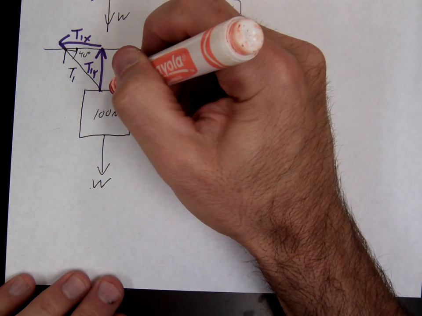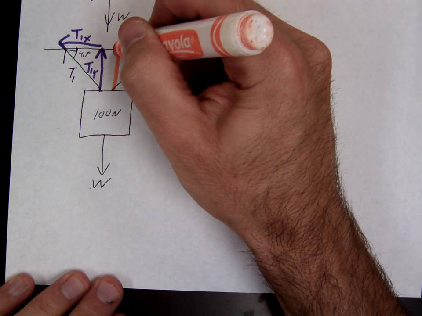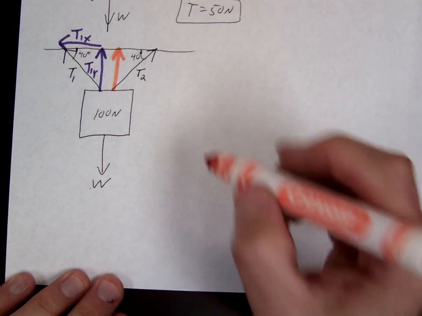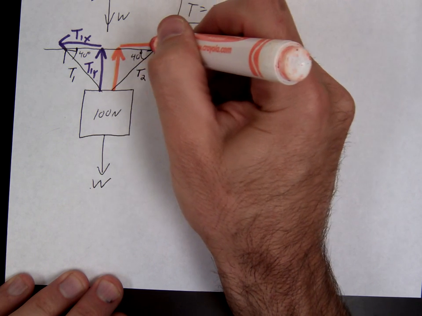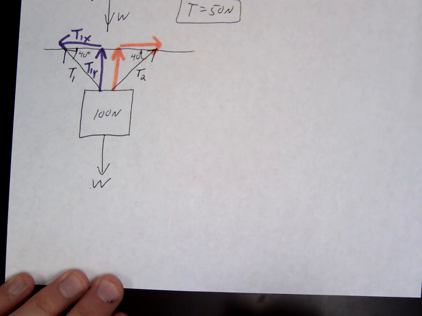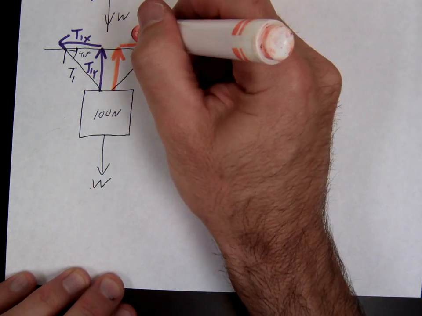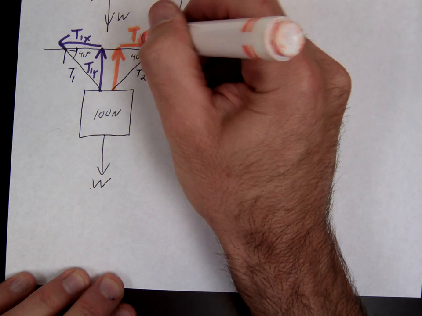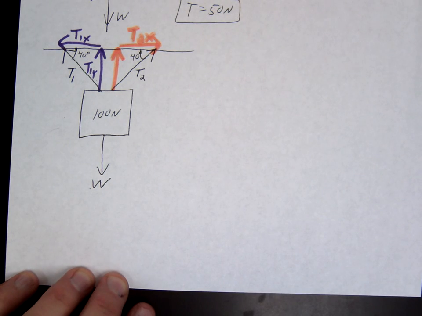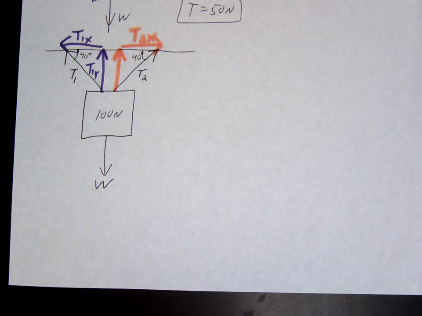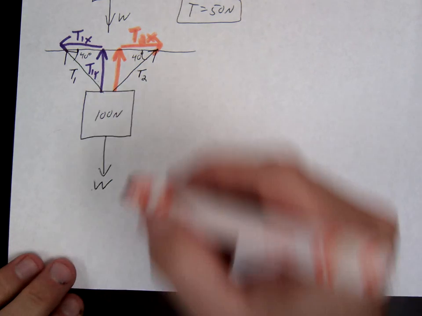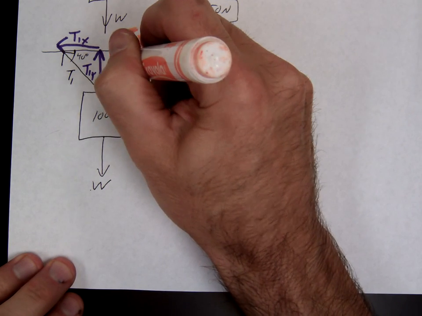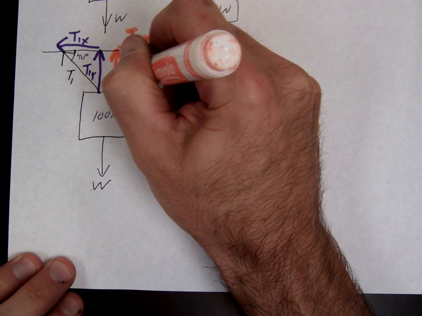Likewise, the other string: part of the force is going up, part of the force is going to the right. So we can call this one T2x and T2y.